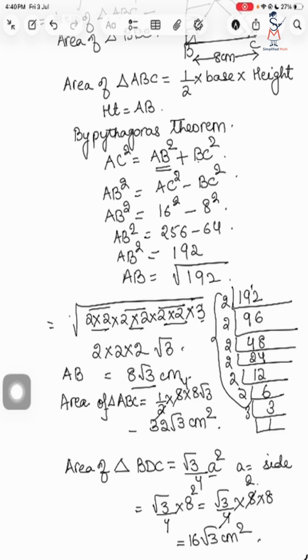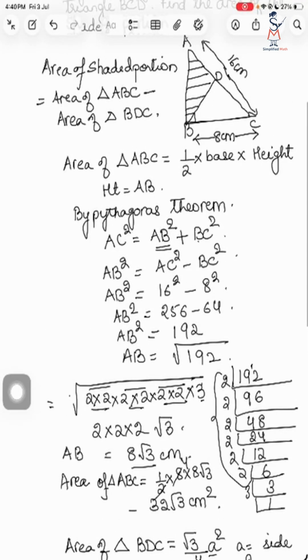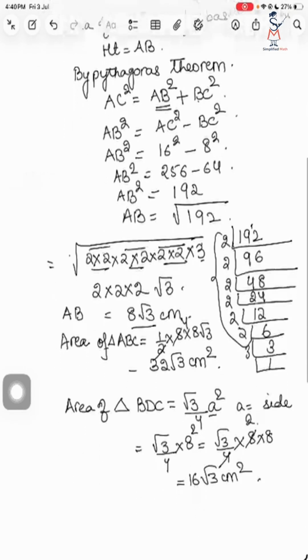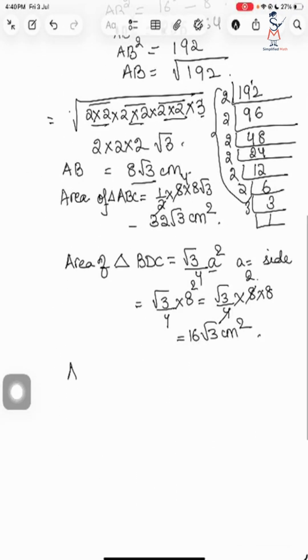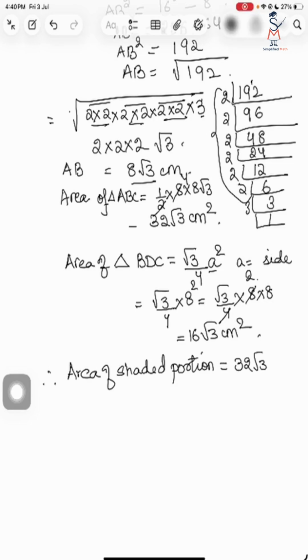We saw above that for the area of the shaded portion, we will subtract the area of BDC from ABC. So we got both the areas. Therefore, the area of the shaded portion is 32 root 3 minus 16 root 3.